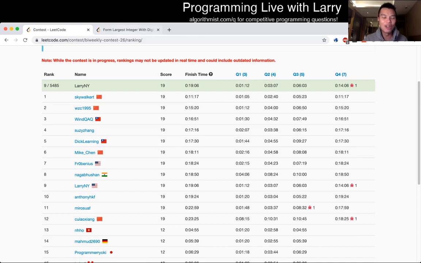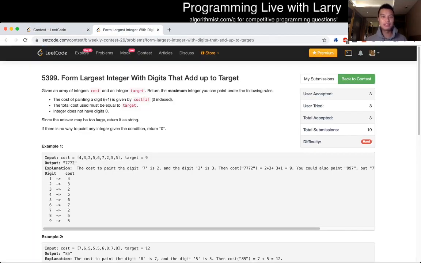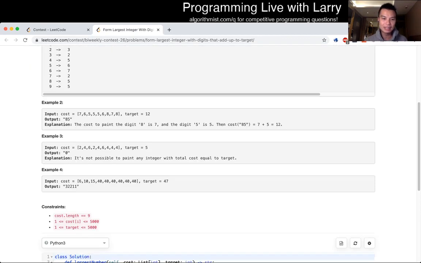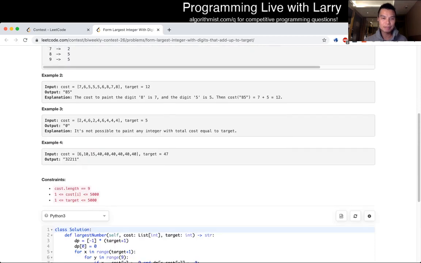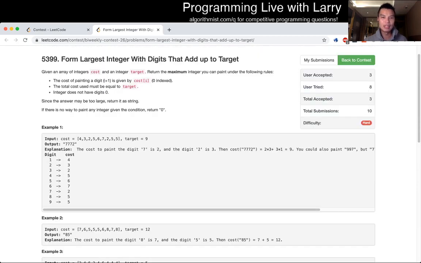Okay, Q4. Q4, form largest integer with digits that add up to target. So I think the intended solution for this one, to be honest, is dynamic programming with path reconstruction. I did not do it that way, and that's why I was rushing it.